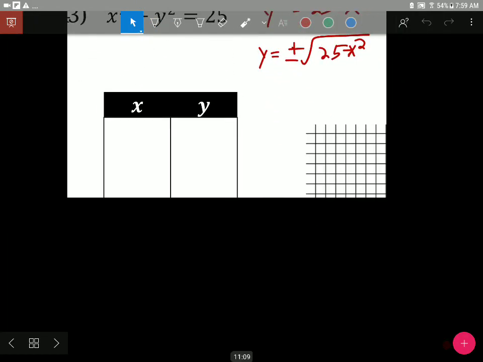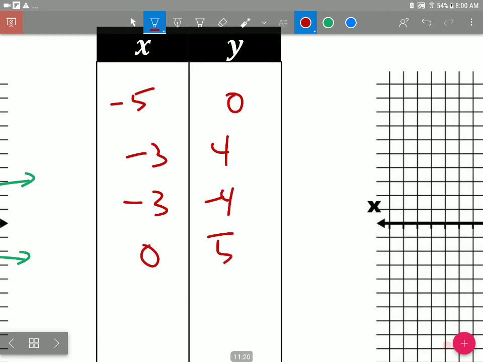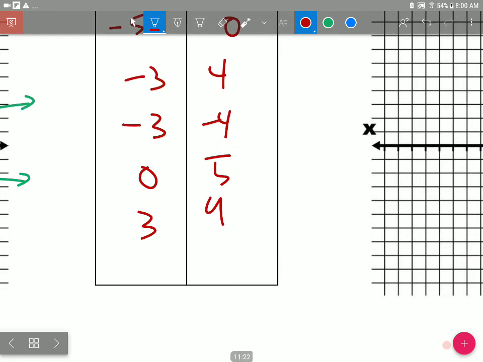Back. Negative 5, 0, negative 3, 4, negative 3, negative 4, 0, 5, 3, 4, 3, negative 4, and again, 5, 0, because we need that endpoint.